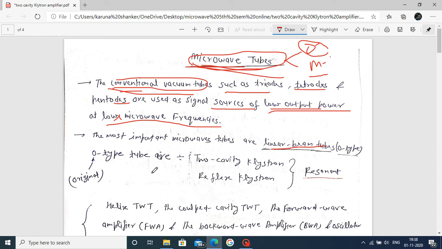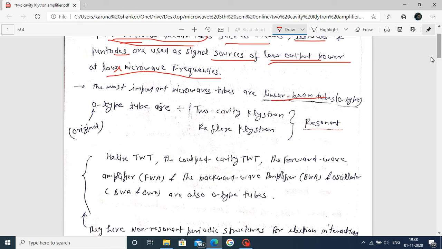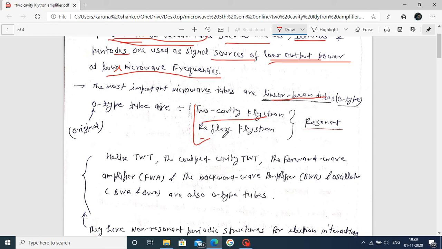Now these linear beam tubes are categorized into different types. The examples of linear beam tubes are the two cavity klystron, the reflex klystron, helix TWT, coupled cavity TWT, forward wave amplifier and backward wave amplifier, and also the backward wave oscillator.